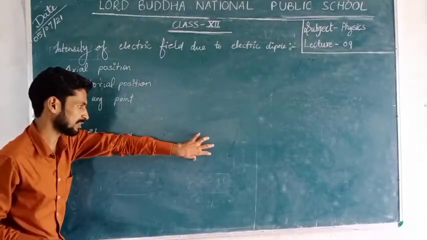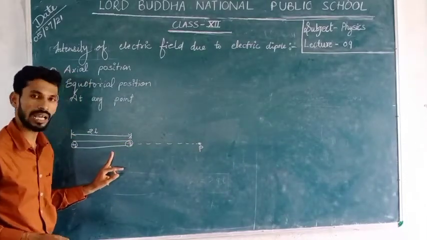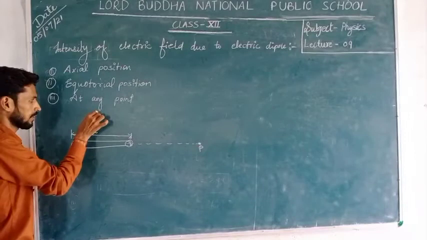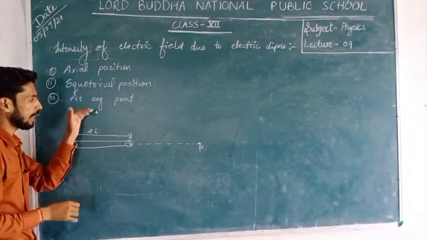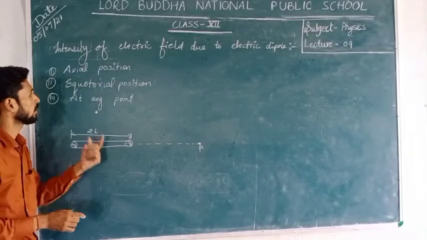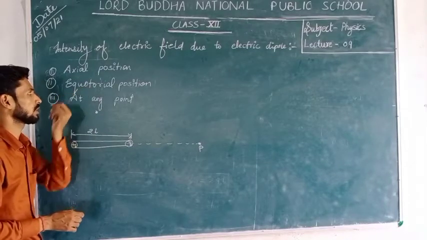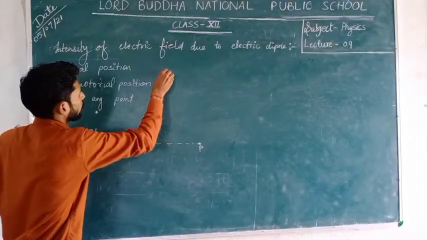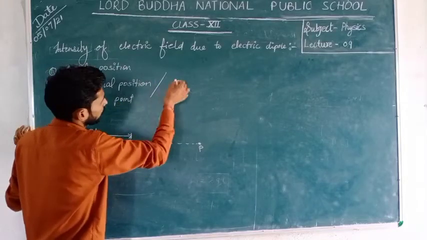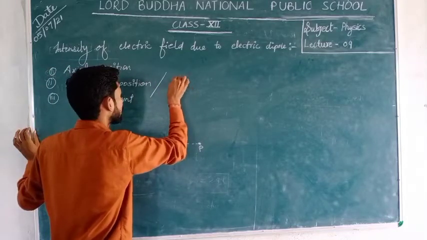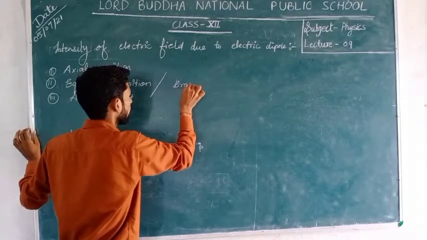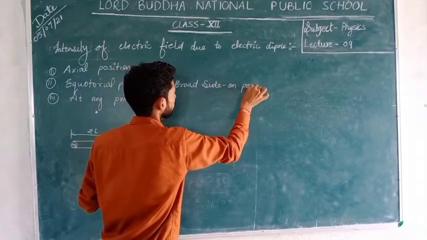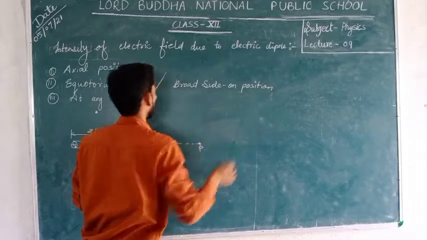If we are taking this point P on the axis of electric dipole, so that will be axial. But if this point is located vertically upward or downward to this system, that is known as equatorial position. It is also known as broadside on position.